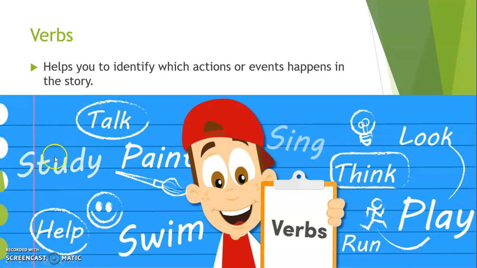Or Hermione studies, or Ron Weasley looks. So you can know what is happening. You can guess what is happening, what any character is doing in the story, guys. So focus on the verb, okay? Pay attention to the verbs in the story.